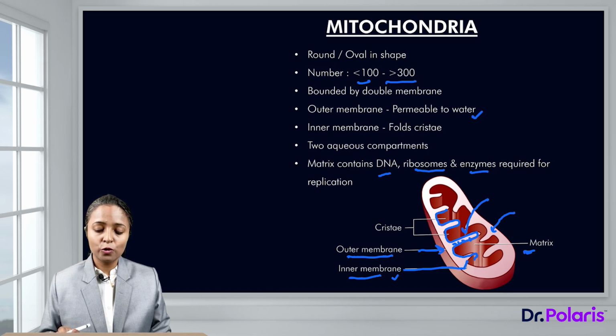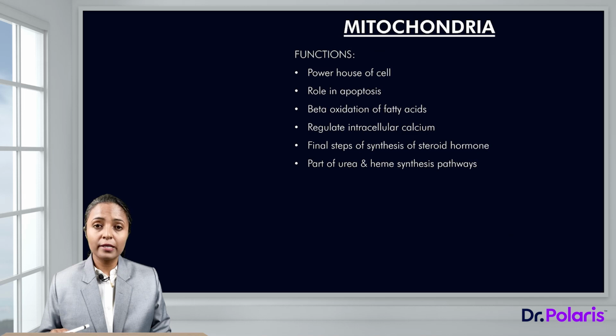Fine. So what are the functions of mitochondria? Mitochondria is the powerhouse of the cell, which I think everybody knows, but it also has various other functions. It has a role in apoptosis. There is a protein, cytochrome C, which is present in between the two membranes of the mitochondria, and when it is released from the mitochondria, it activates apoptosis.